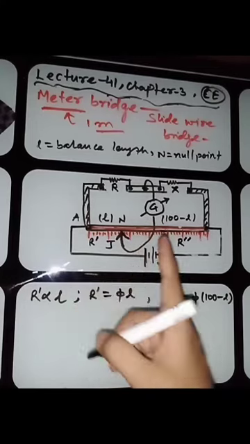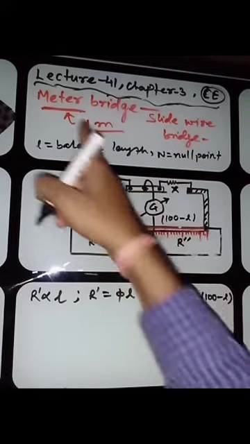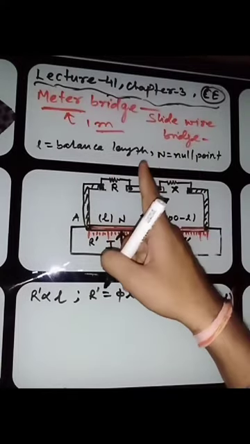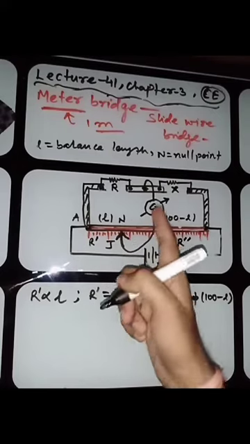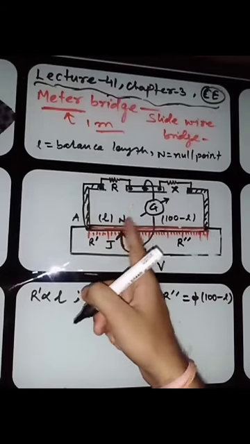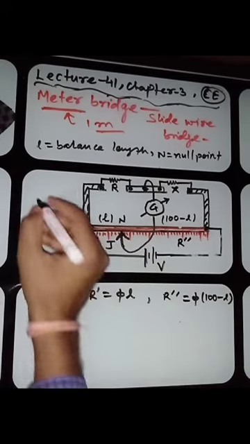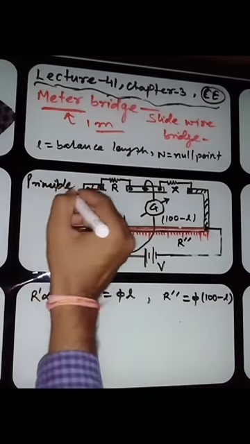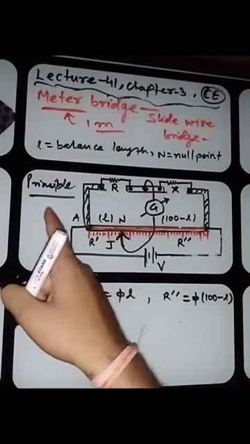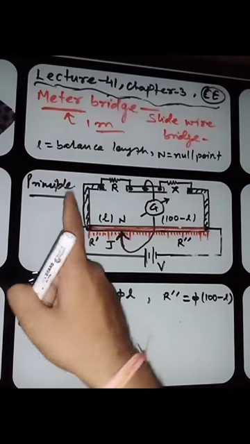Remember, my dear students, how you have to note down in your note copy. First you have to write the meter bridge, then you have to write the circuit diagram, and you have to draw this one, and then you have to write the principle. Remember, principle. Okay, so the principle will be, kindly write down in your note copy, it works on the principle of balanced Wheatstone bridge.